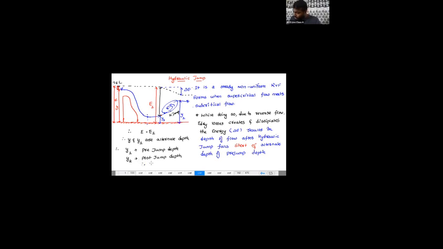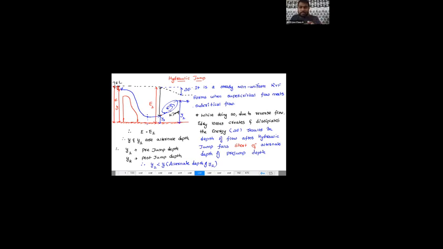So you know that y2 is less than y, and this is nothing but the alternate depth of y1. So now what I want to say here is, up to the jump there is no head loss, and we are going to assume the loss is due to friction, and frictional losses are very less.